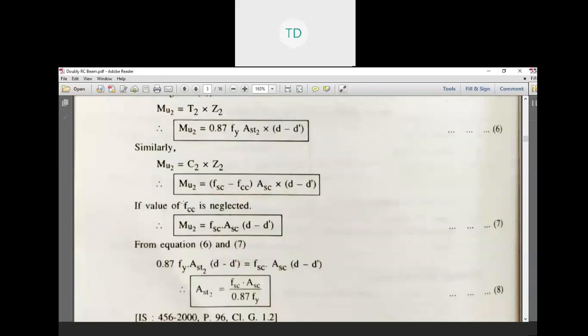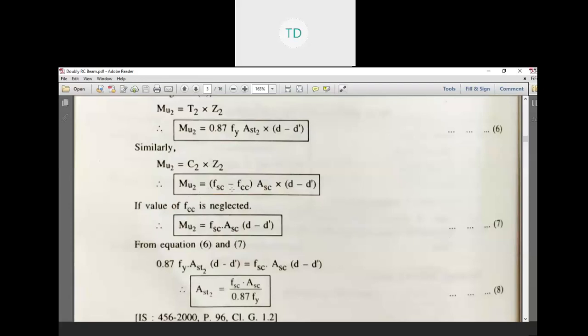Similarly, for compression, Mu2 = C2 into Z2. For that, Mu2 = Fsc, sorry, Fcc into Asc into (d - d'). We have both equations of Mu2, which is comfortable.